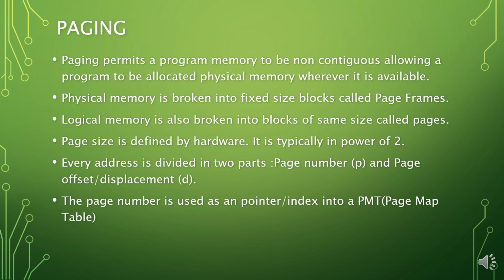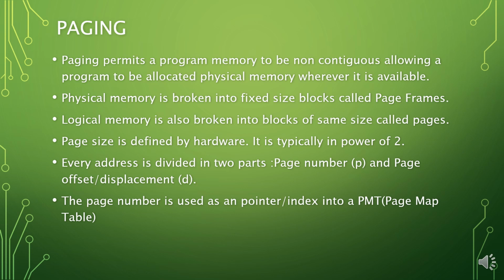So how can you define paging? Paging permits a program's memory to be non-contiguous, allowing a program to be allocated physical memory wherever it is available. Physical memory is broken into fixed-size blocks, which are called page frames, whereas logical memory is also broken into blocks of the same size, which are called pages.